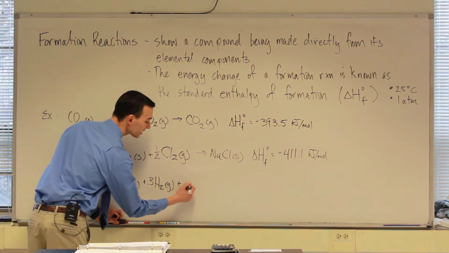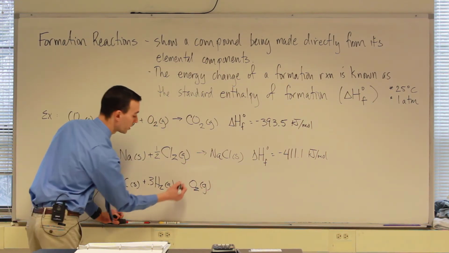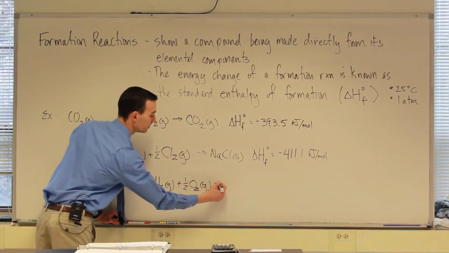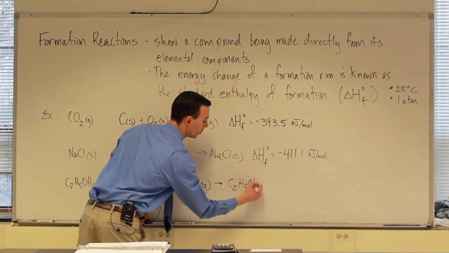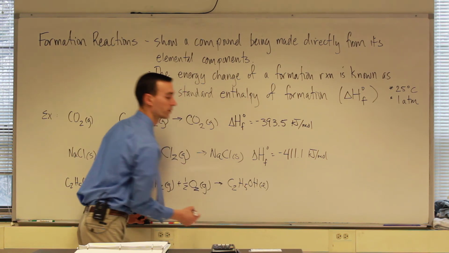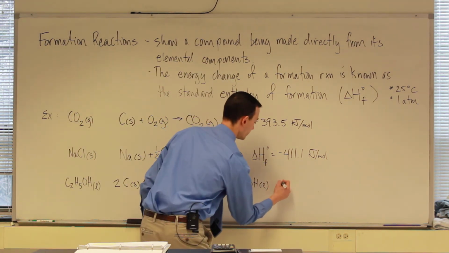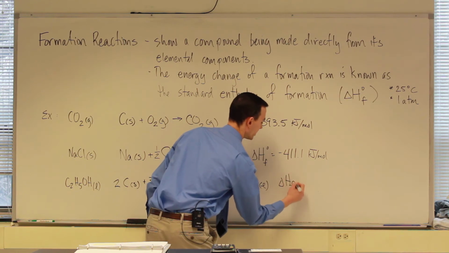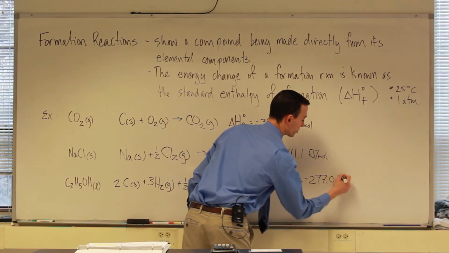And then we need some oxygen, but oxygen again comes in O2, so we only need half a mole of oxygen. And this would be our C2H5OH in the liquid phase. And so its enthalpy of formation is negative 277.0 kilojoules per mole.